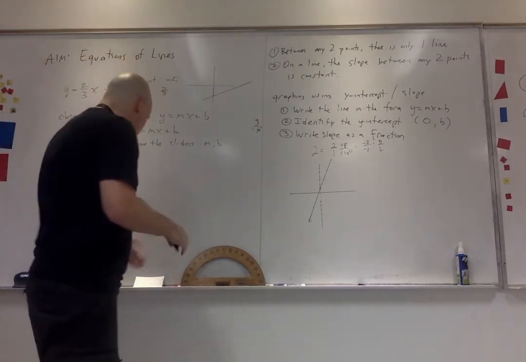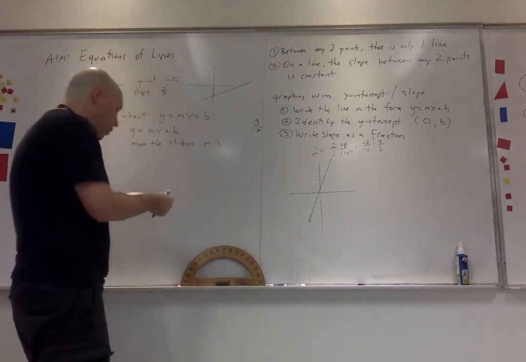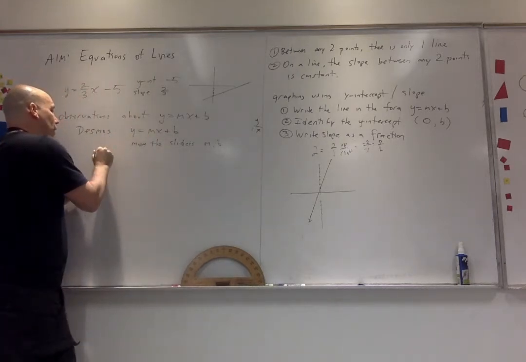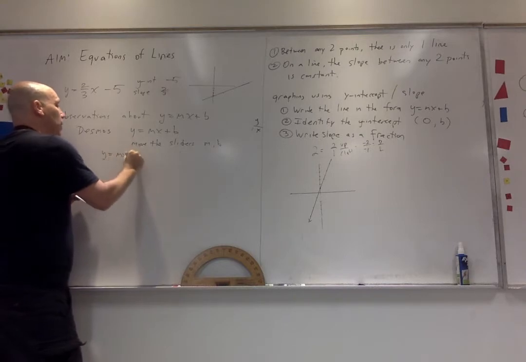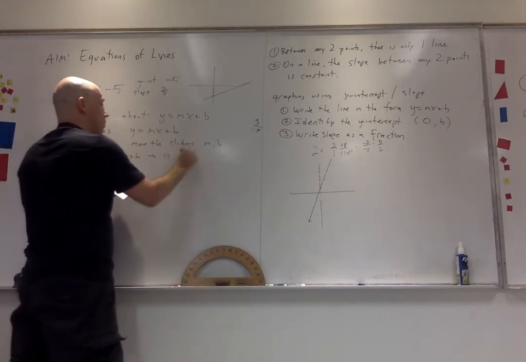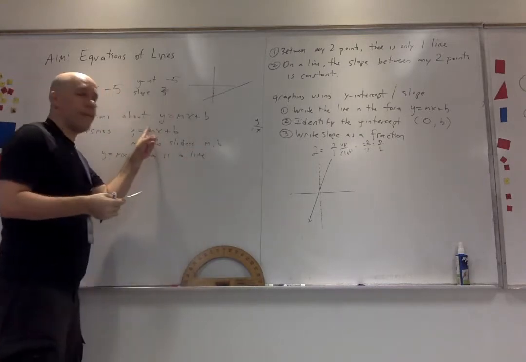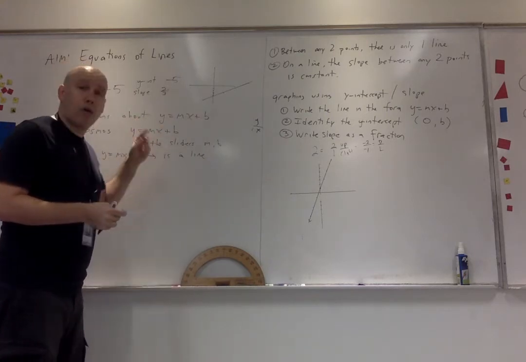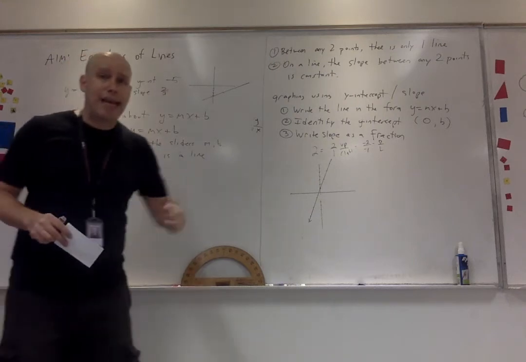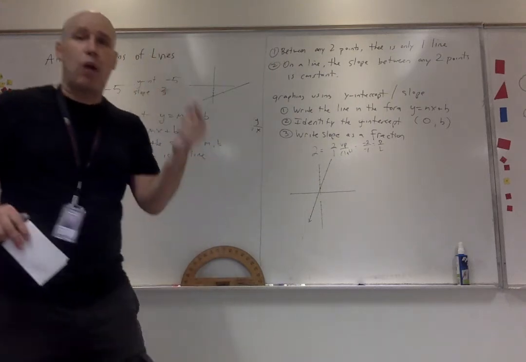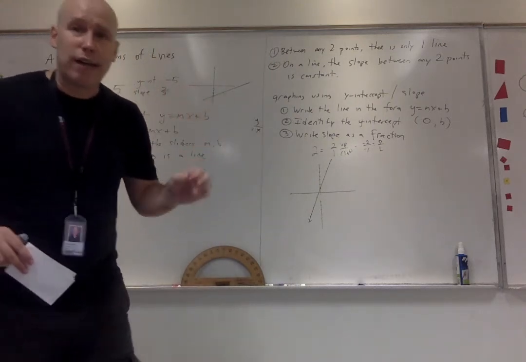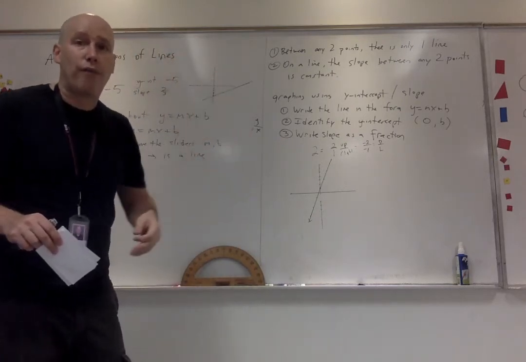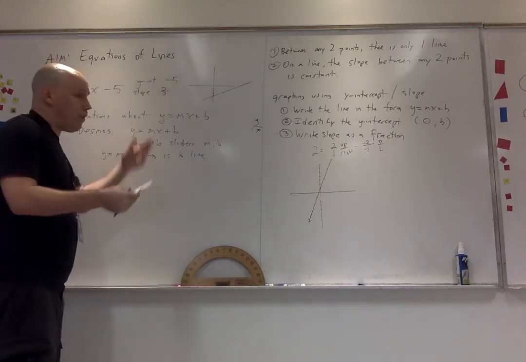Okay, welcome back. So at this point, you should have discovered that first of all, y equals mx plus b is a line. The second you see something that looks like that, you know it's a line, when x and y are alone. Because you're going to see things like x squared, 1 over x, radical x, and in a really advanced math class something like xy equals 12. But if it looks like this, you have a line.